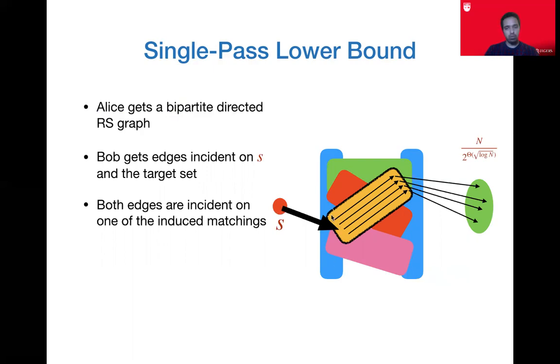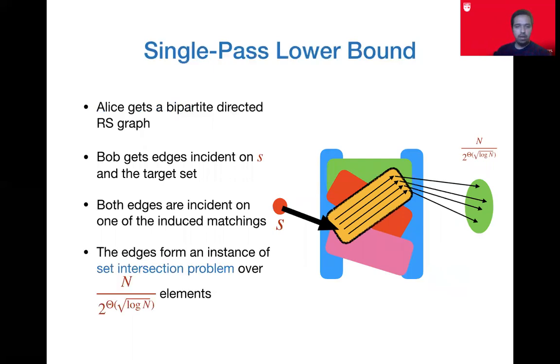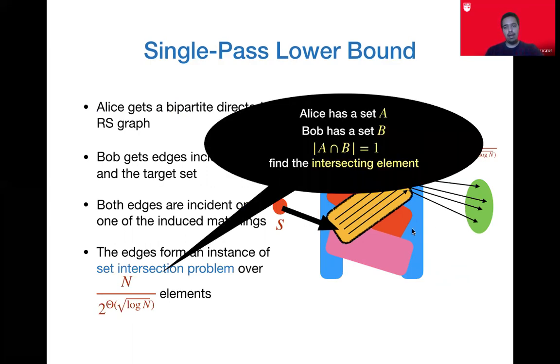So S is connected to everyone here. These vertices will be connected to the right-hand side. Good. How are these connections made? Well, the edges that Alice and Bob have, remember Alice has these edges and Bob has these edges, and this part is always complete. Now these edges form an instance of set intersection, meaning that Alice has a bunch of edges A, Bob has a bunch of edges B here, with the promise that their intersection is unique.